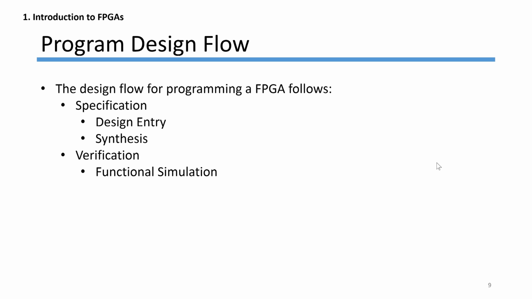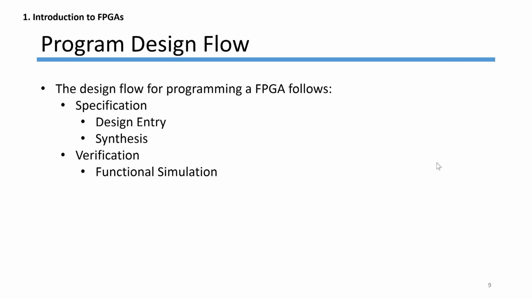Once they're synthesized, there needs to be a verification. This step is usually best practice. There's a functional simulation, which means you can simulate the outputs based on a hypothetical input that you are inputting. This simulation can be done through software or hardware.